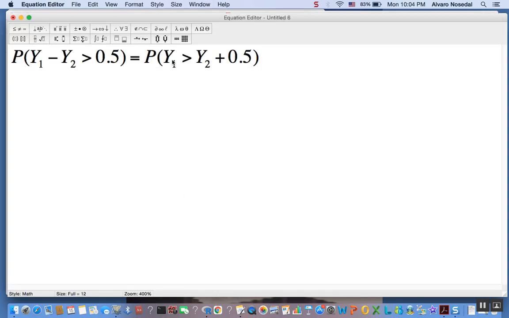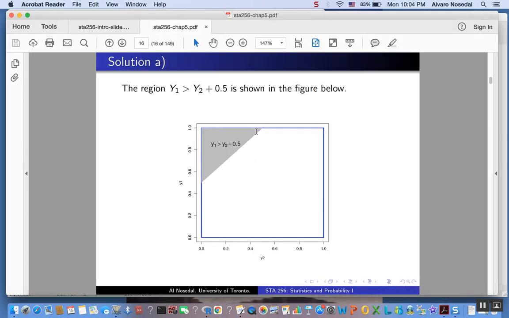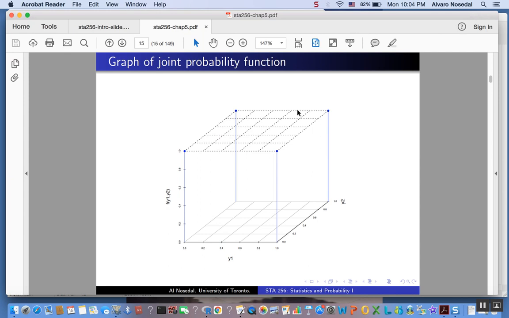The probability that y1 is greater than y2 plus 0.5 is just the volume of that region underneath the joint probability density function. So first, we're going to use a geometric approach before we use double integrals, because in this case we can see this is just a box.